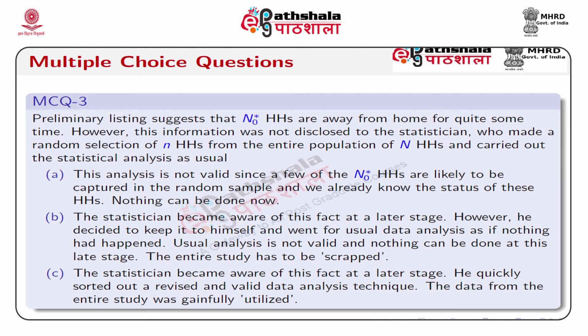Then you have to make a choice and tell which one is okay. These are multiple choice questions. Is it possible that the statistician, once he is aware of this fact, can quickly sort out a revised and valid data analysis technique? If he can do that, then before saying it is true, you should make sure that you know what the analysis is going to be.